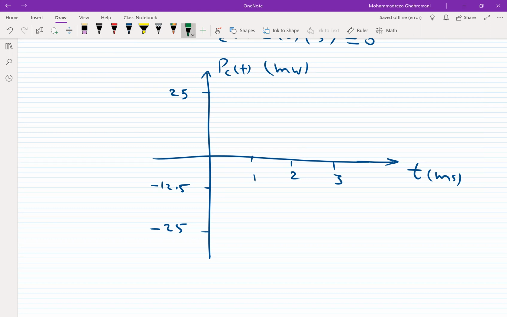For 0 to 2, we have a straight line. We have this signal from 2 to 3.